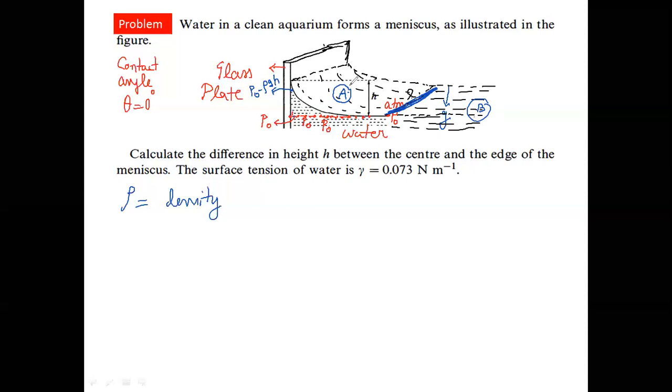Part A will pull part B, and part B will pull part A. So the force by part B on this line should be on the right hand side direction.